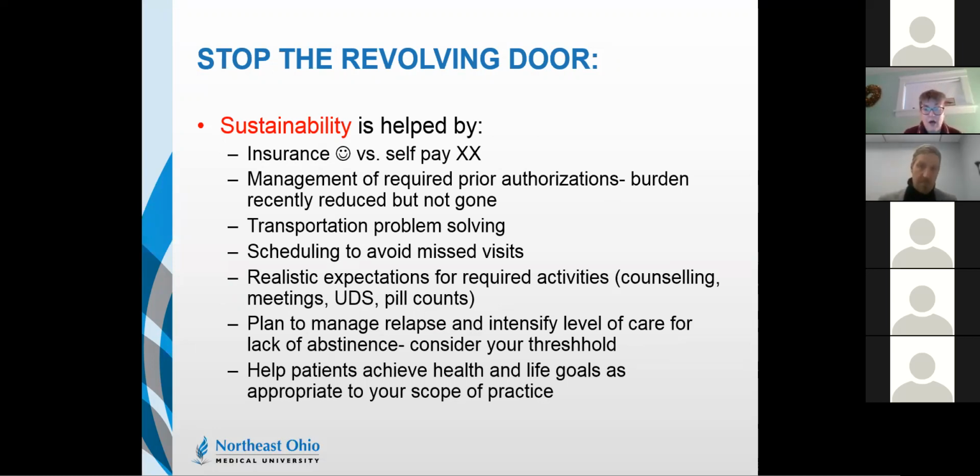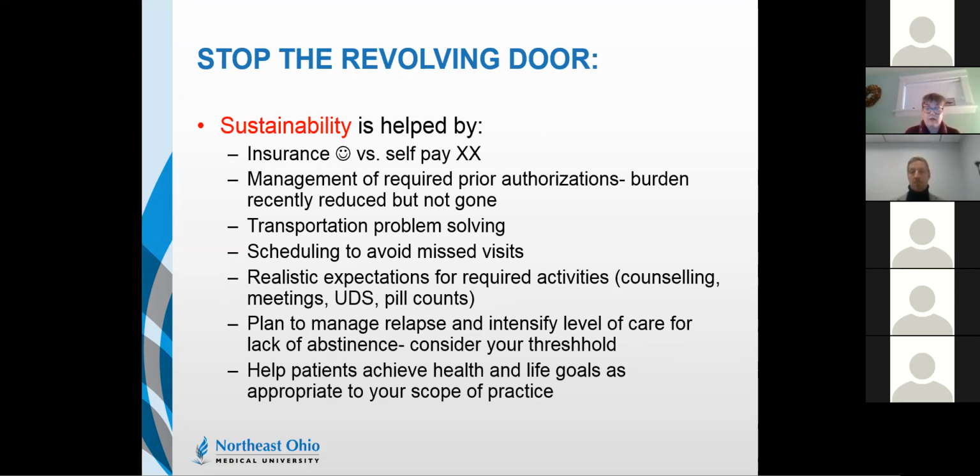Some of the ways we can help are by accepting insurance and not creating financial barriers, by giving people some resources for solving their transportation problems and for being able to get to their appointments, and by having realistic expectations about the required activities that we want them to do, which would include sort of disruptive random drug screens that we call people in for, or random pill counts.